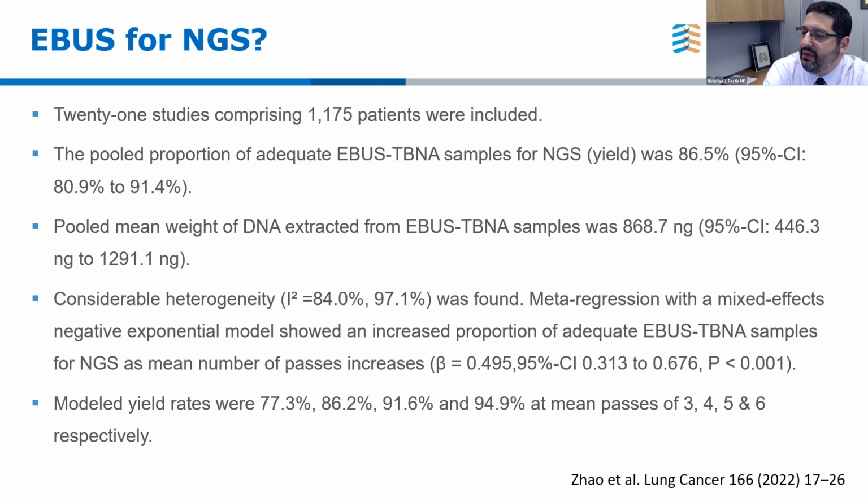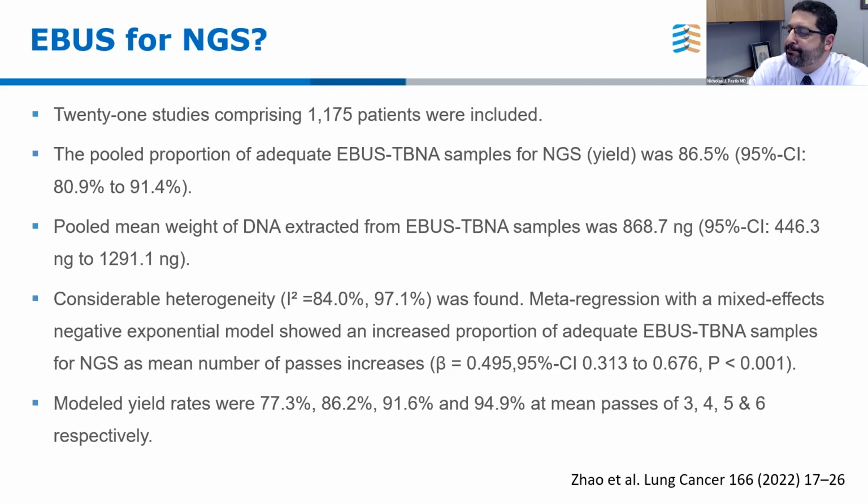And when you consider that a nanogram of DNA, which is how DNA is measured, is about 300 cells, that's quite a bit of cellularity that they were able to get with EBUS, for a pooled mean weight of 860 nanograms. Like many of the meta-analyses in this space and in this talk, the criticisms are that they're very heterogeneous. There are statistical strategies used to mitigate that heterogeneity. So that's where some of these points came in.